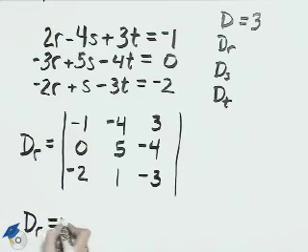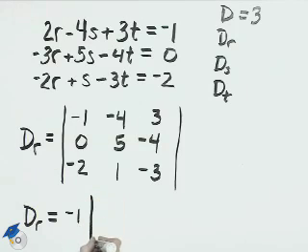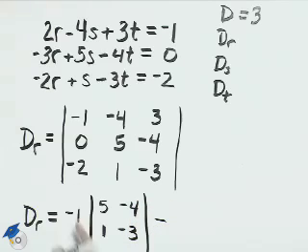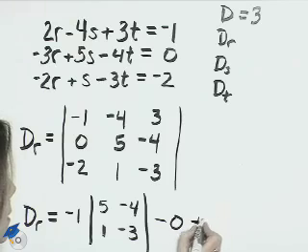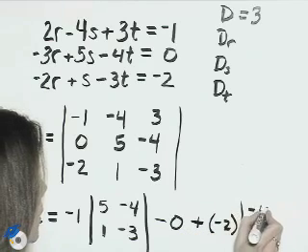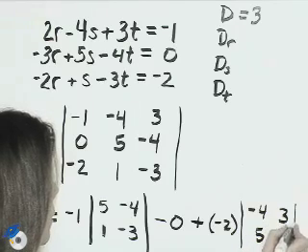D sub R equals -1 times the determinant 5, -4, 1, -3, minus 0 times the determinant, but we don't need to write that determinant because 0 times anything is still just 0. So we can move on and say plus -2 times the determinant -4, 3, 5, -4, going across the rows.